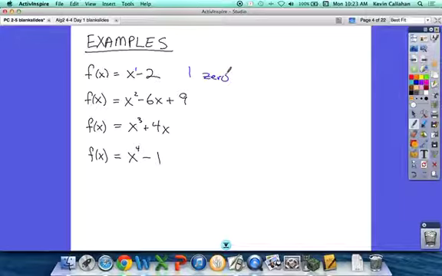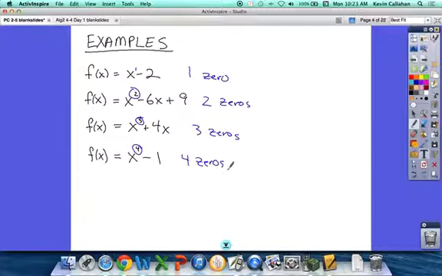How about the second one? The degree is 2, so 2 complex zeros. How about the third one? 3 zeros. And the fourth one, 4 zeros.